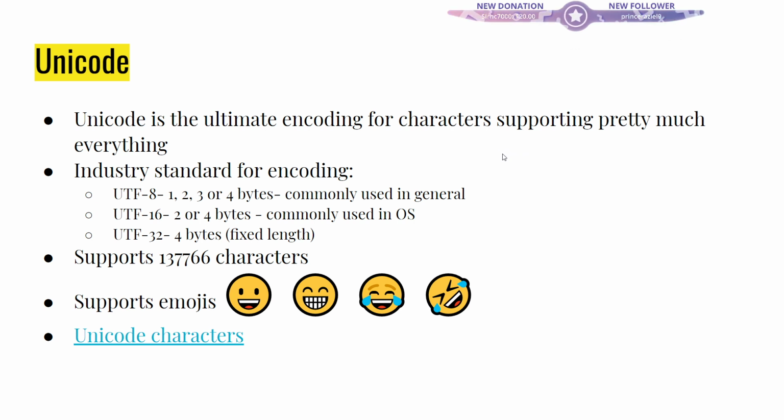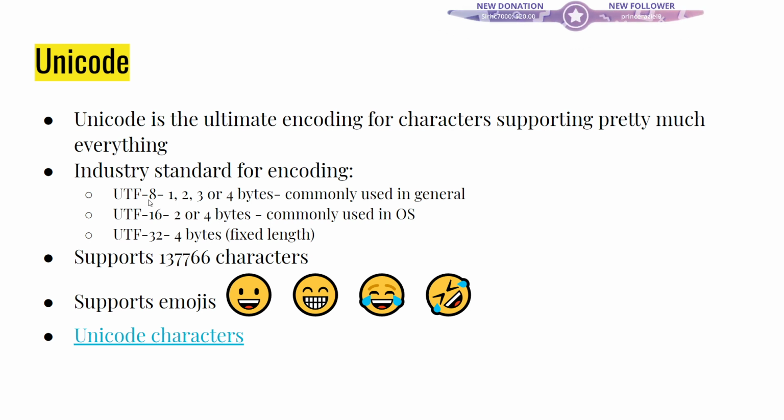And Unicode basically takes 4 bytes. So instead of 1 byte for storing a single character in ASCII, Unicode takes 4 bytes. To be specific, Unicode takes up to 4 bytes. There are different encodings for Unicode.